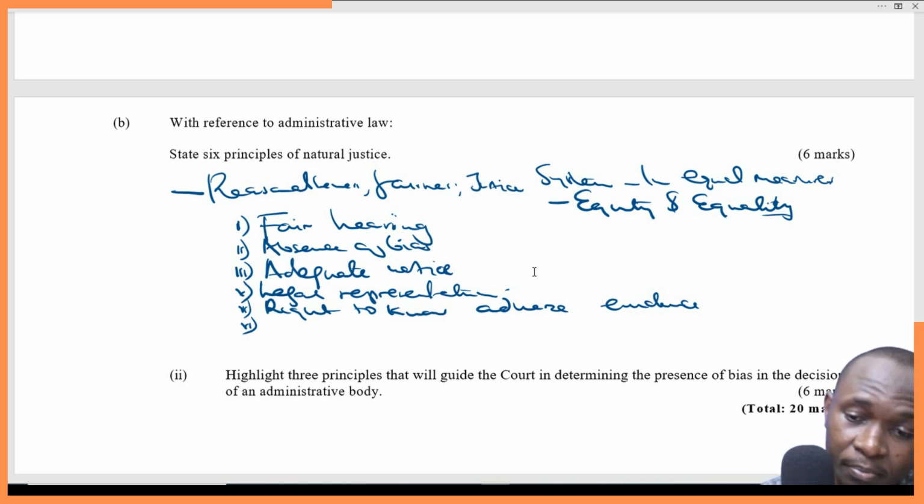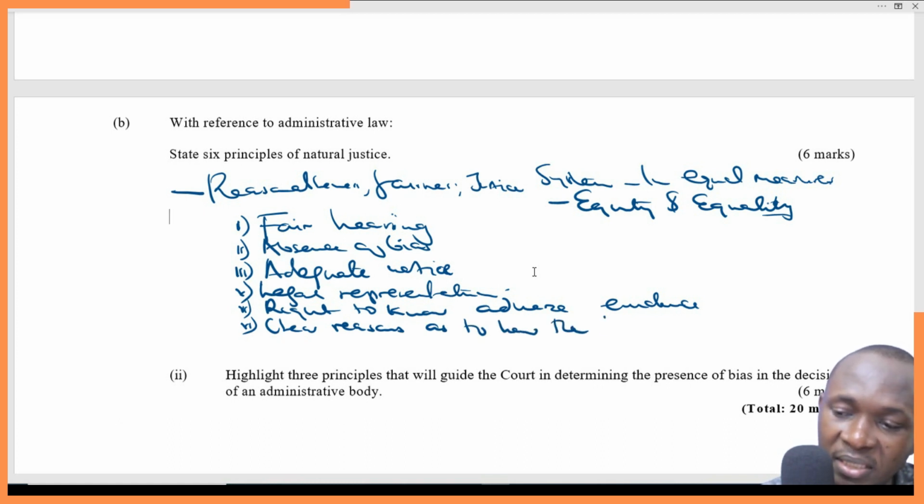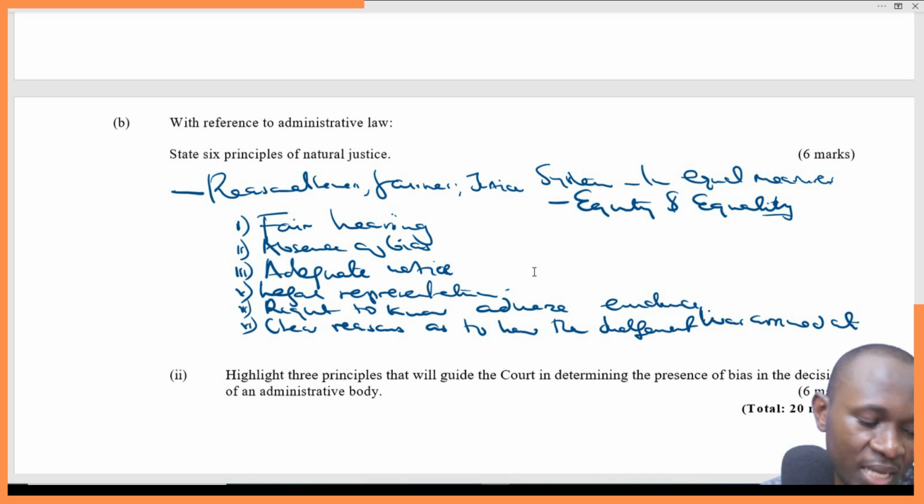And then reasons: the participant should be given clear reasons as to how the judgment was arrived at.